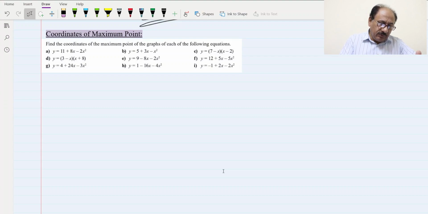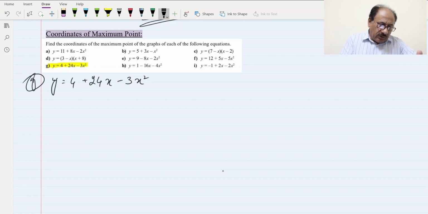For example, I will take the G part, so that you can practice the others. So y is equal to 4 plus 24x minus 3x squared.